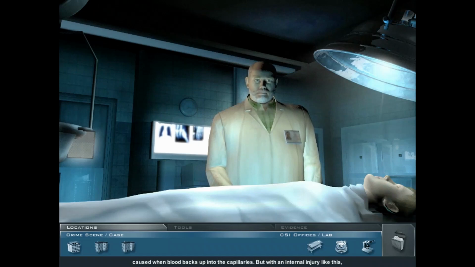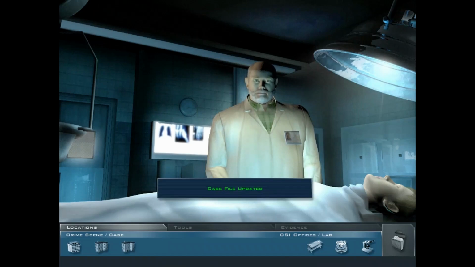But with an internal injury like this, you won't have much, if any, of the victim's blood at the scene. Any blood you find is more likely the killer's. I don't know if you knew this already, but our victim had hepatitis C, found interferon in her system. Nothing else unusual, very healthy young woman otherwise.